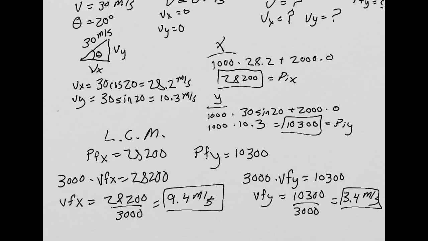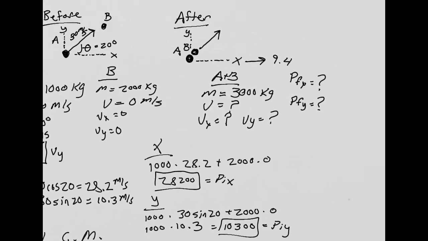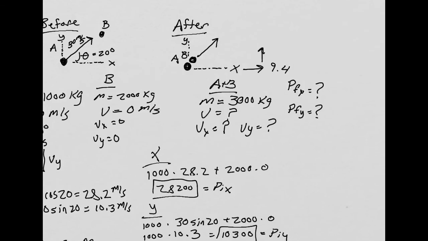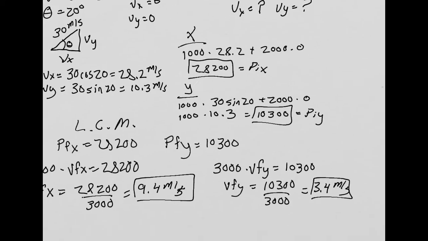So our final velocities are 9.4 meters per second in the x direction and 3.4 meters per second in the y direction. So if we go back to our picture, we know that it's going this way, 9.4, and this way, 3.4. But that's not quite the final answer. What we need to do now is use the Pythagorean theorem to find the final velocity, which is the hypotenuse of that triangle.